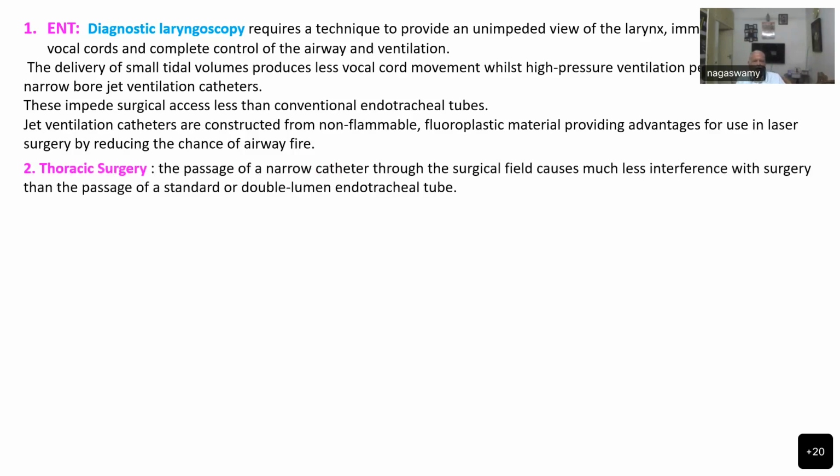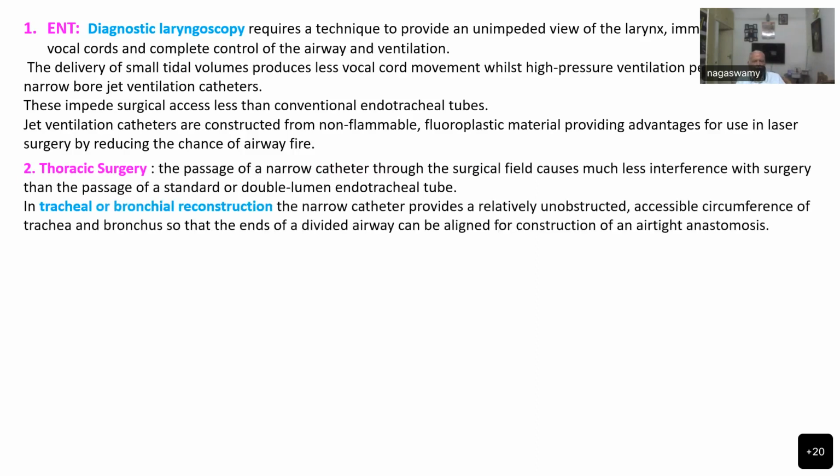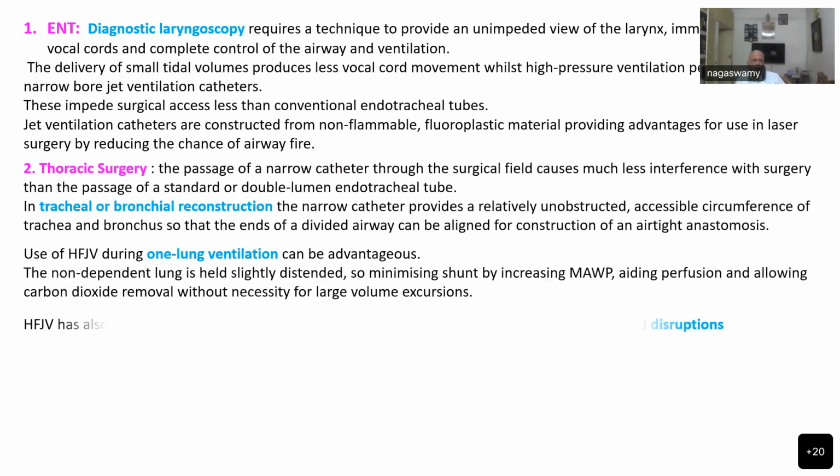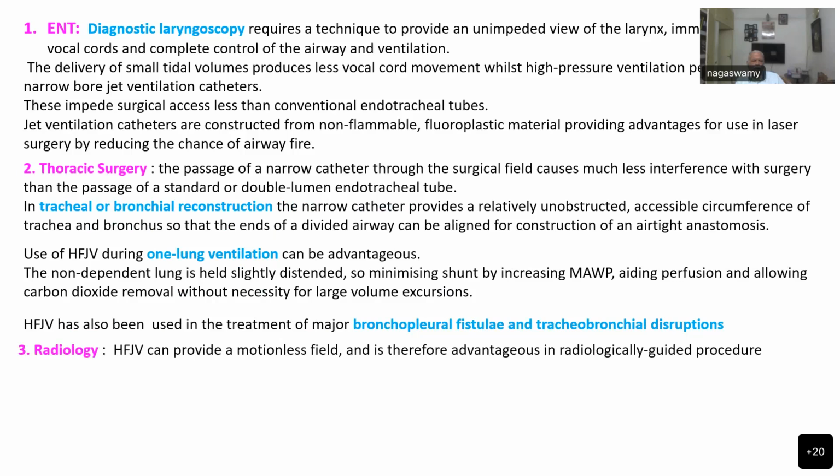And in thoracic surgery, the advantage is it causes a motionless field. So in tracheo or bronchial reconstruction or in one lung ventilation during surgery, and in major bronchopleural fistula or tracheobronchial disruptions. These are the indications in thoracic surgery where it can be used.